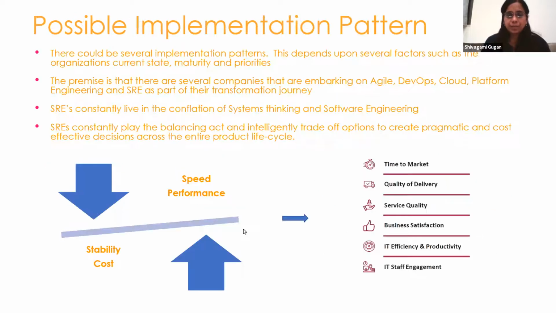Now, the possible implementation. Because SREs live in the confluence of systems thinking and software engineering, it's always for the SRE to influence the product line between speed and stability, between technical debt and features, to make sure that the system is operationally excellent, as well as having the functionality and features that are aspired to by the business, right?